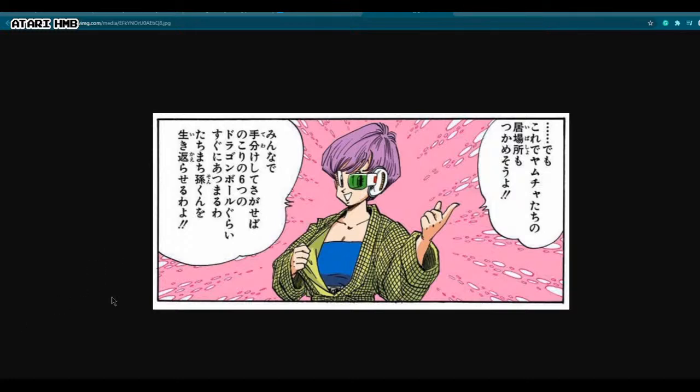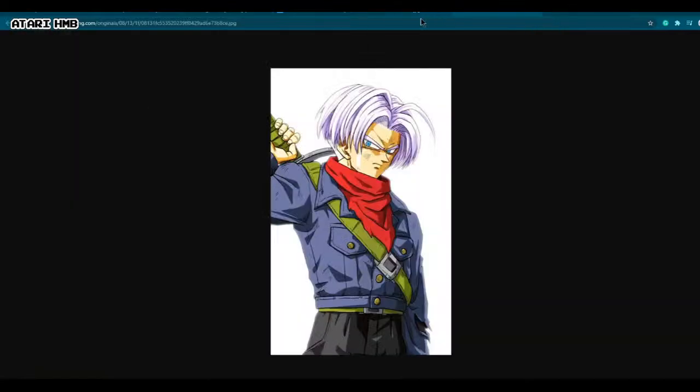But it's all good. It doesn't really matter. To me, I'm not bothered by Trunks' hair at all. I would have preferred it to be as it should have been. Because simply that hair color is cool. Like, I would have preferred this. But it's whatever.